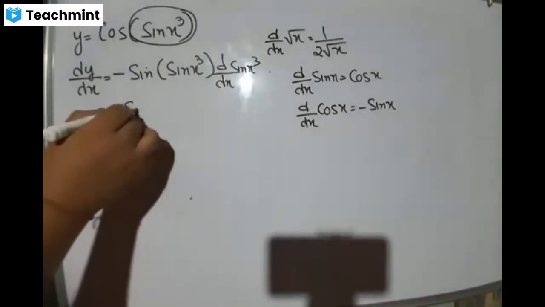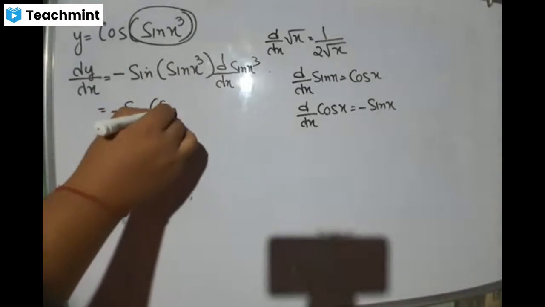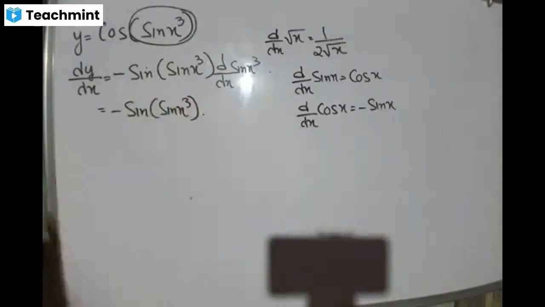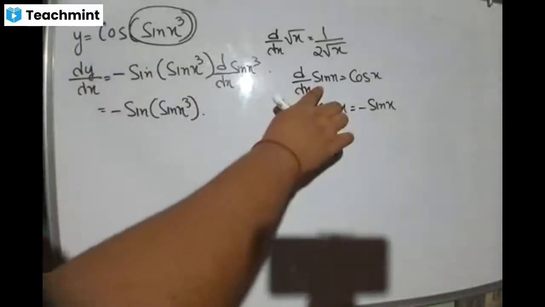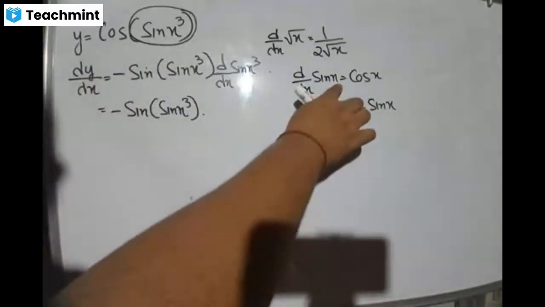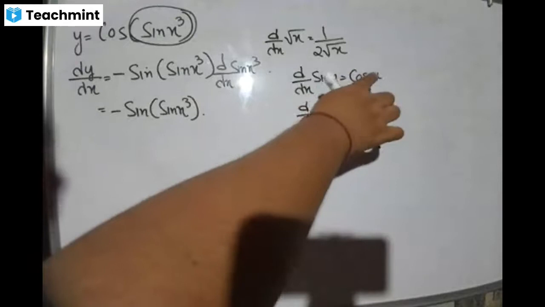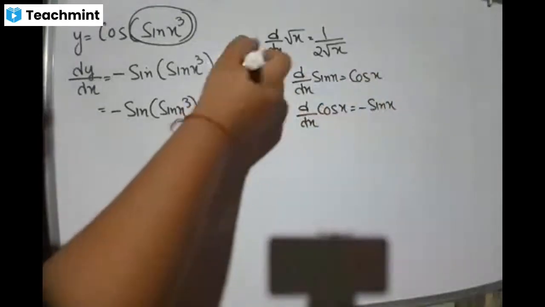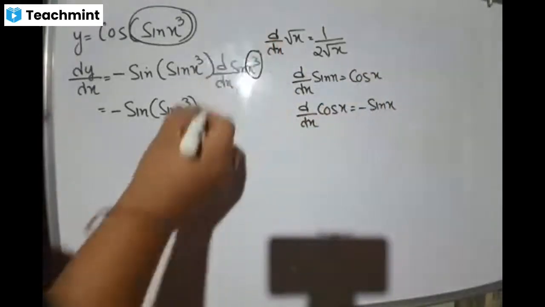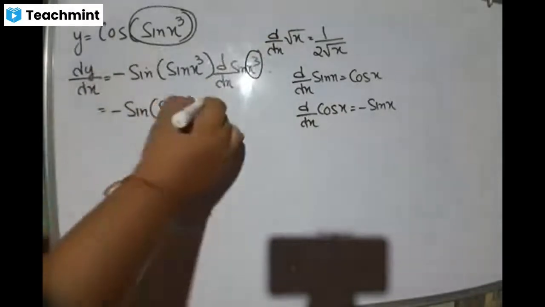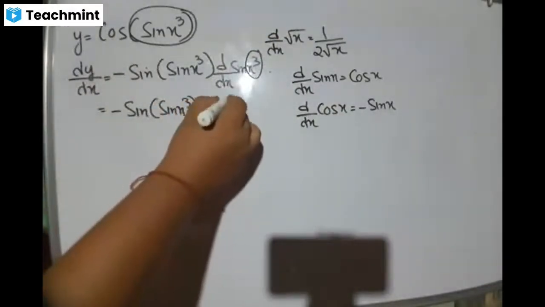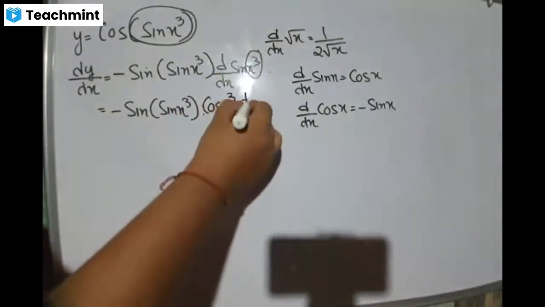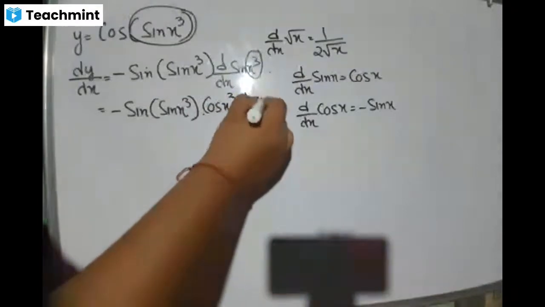Next, minus sin open bracket sin x cube into, now look at this, this is sin x cube. Look at formula number 6. It is sin x's derivative. Sin x's derivative is cos x, but this is x cube, so this part has to be assumed as x. So what is the derivative of sin x? It is cos x, but again this is just an assumption. So d by dx of x cube.